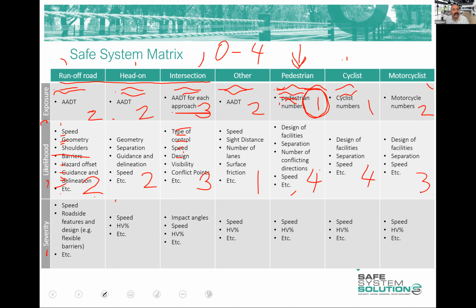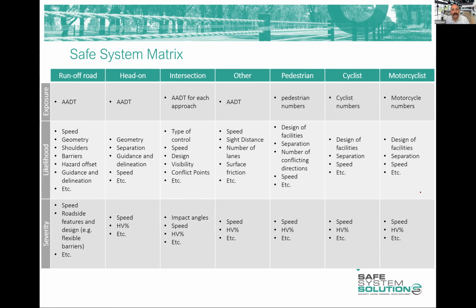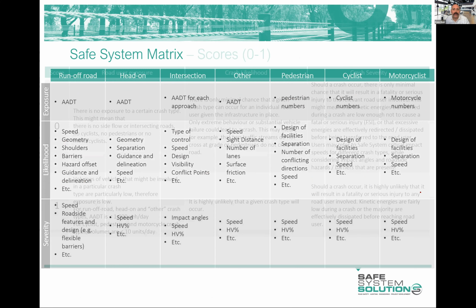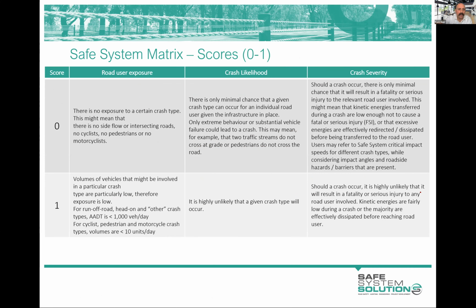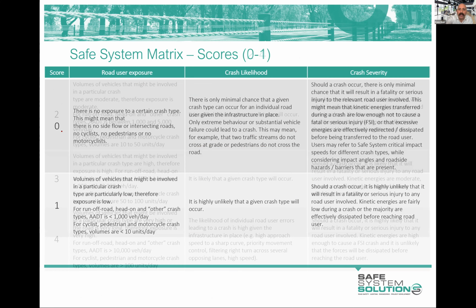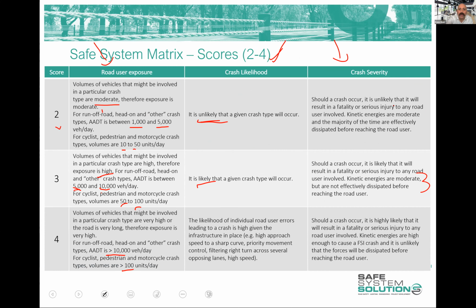Thank you. And so I think you're getting an understanding here of the process in terms of getting scores to these cells in the matrix. And I don't need to spend a huge amount of time on severity, because it's a similar thing, but you've got some different information here. Let's go up to one that's a little cleaner here, 2. So what would a 2 be for severity? Should a crash occur, it is unlikely that it will result in fatality or serious injury to any road user involved.